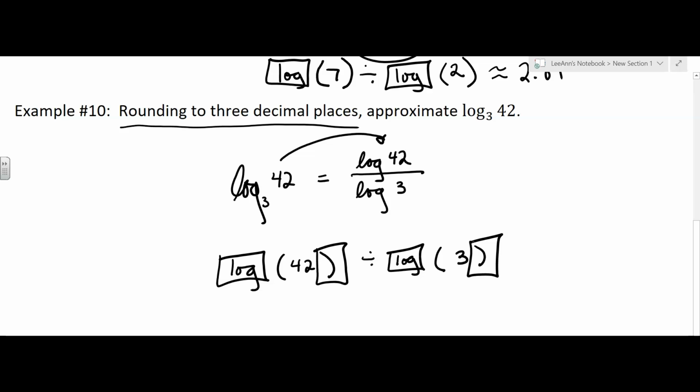And we're going to 3 decimal places. So log 42, close the parenthesis, divided by log 3, close the parenthesis. And I get approximately 3.402. And we're going to use straight rounding rules. It does not round up. Okay. So there we go.